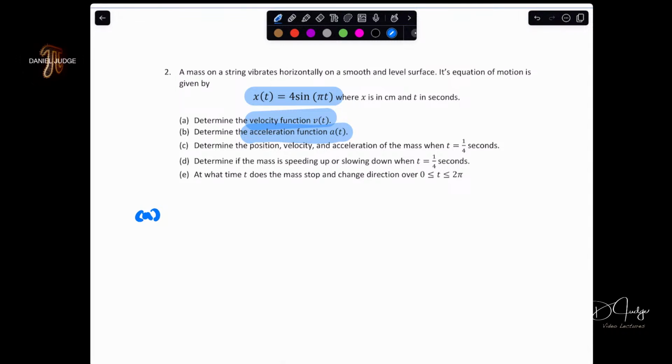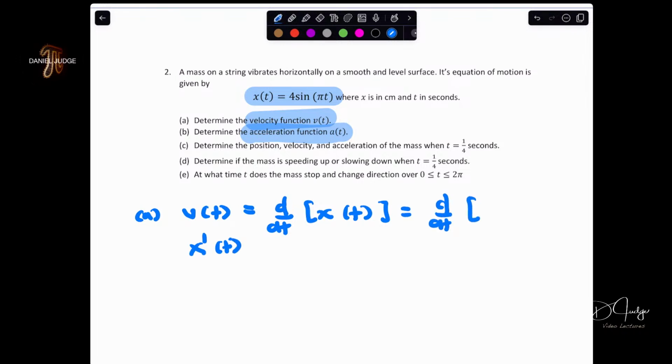Okay, so again, my velocity is the derivative of that position function. This is also x prime of t, by the way. So let's differentiate now for 4 sine pi t.